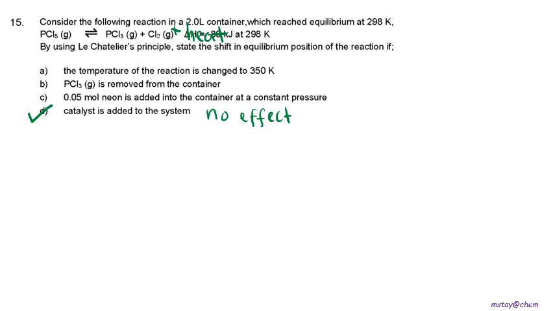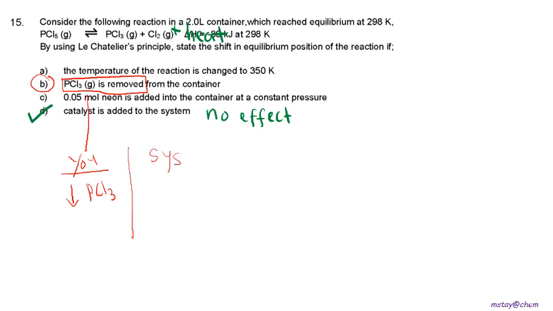Question 15b is related to the partial pressure, or we can also consider it as the factor of concentration, because when you remove the PCl3 from the container, it means the concentration and the partial pressure of PCl3 will be reduced.